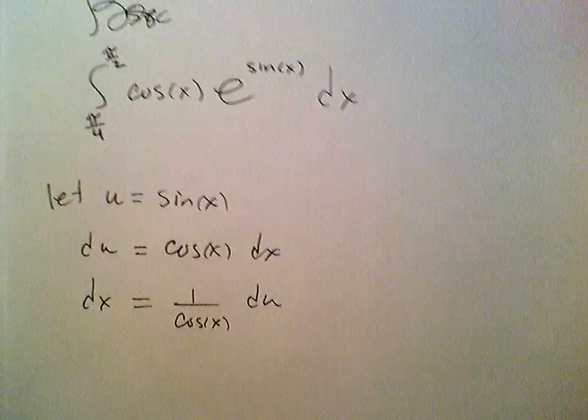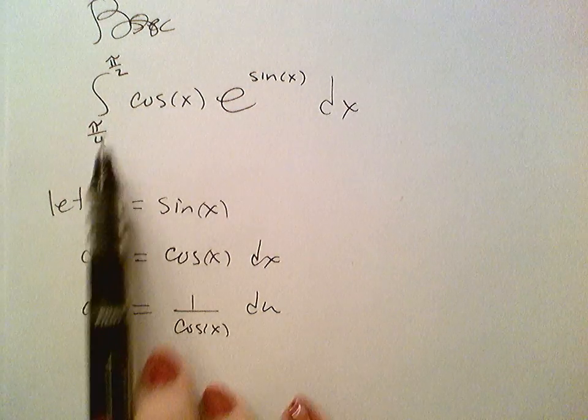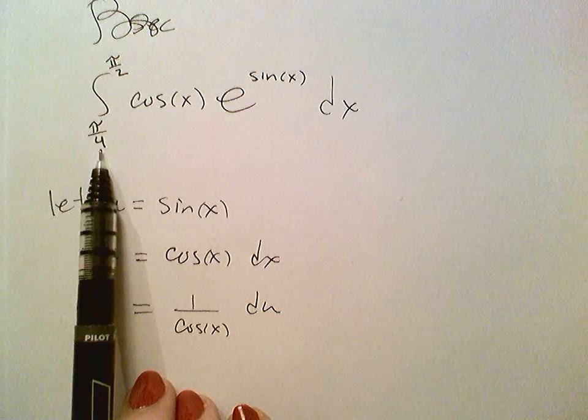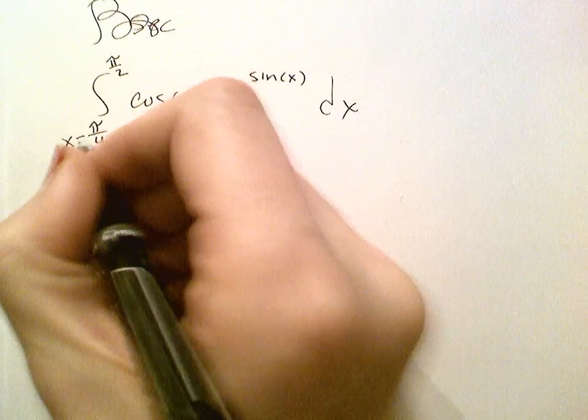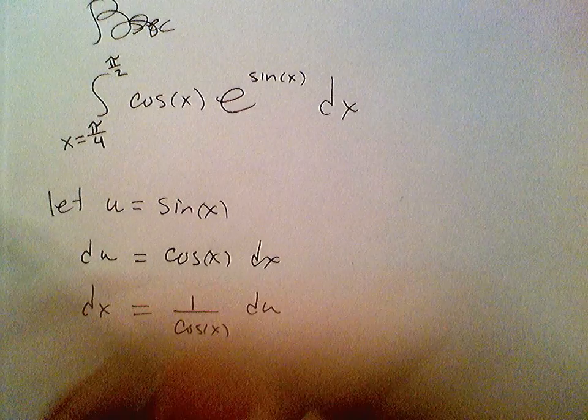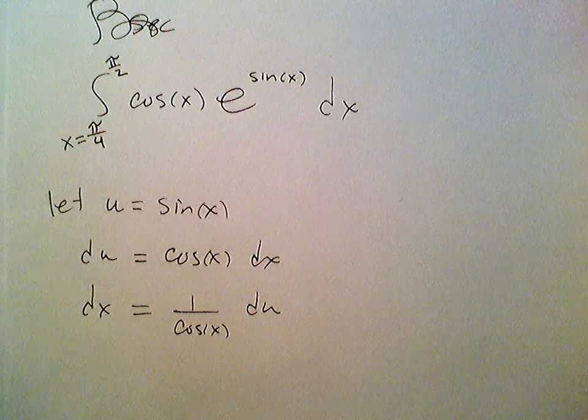Okay. So now the thing about definite integrals with U substitution is that you have to change the limits of integration. Right now these represent x's. So x equals pi over 4 and x equals pi over 2. That's an interval of x values that we're integrating over.